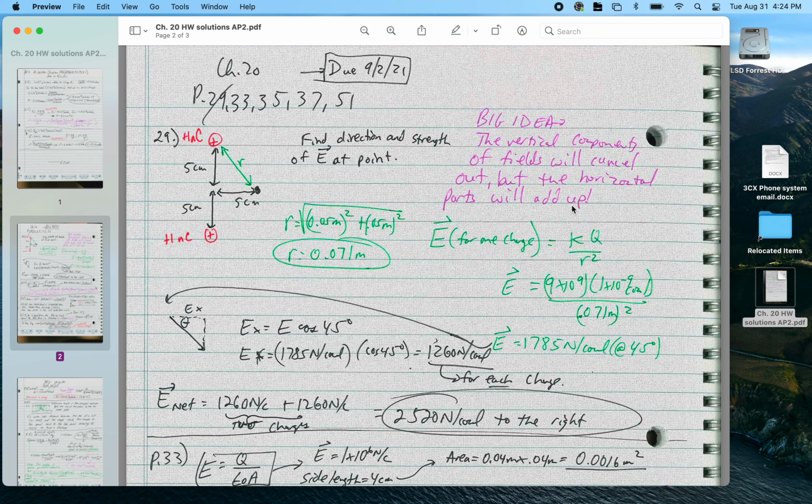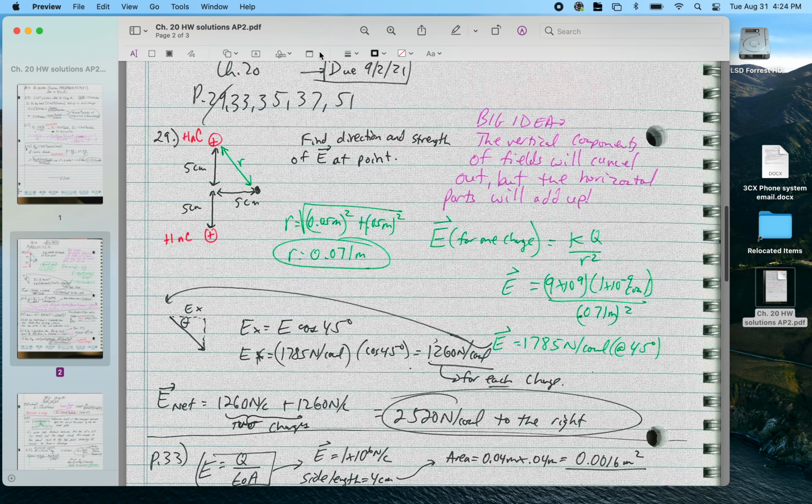This is our formula E3, which is right here. And plug in the numbers for that, because it said these were each 1 nanocoulomb, and I end up getting the electric field is 1,785 newtons per coulomb.